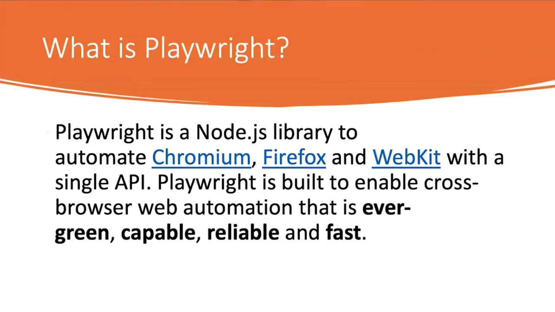Playwright is built to enable cross-browser web automation that is evergreen, capable, reliable, and fast. Okay, lots of talk, but maybe we can dive in a bit further and see what that actually means, and understand a bit about what Playwright does and how it works.